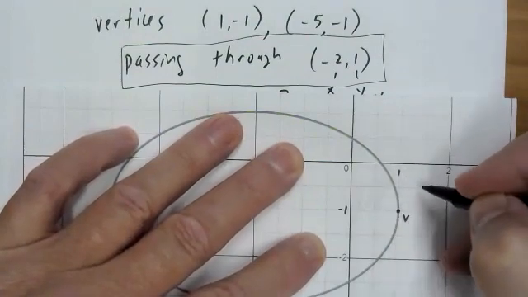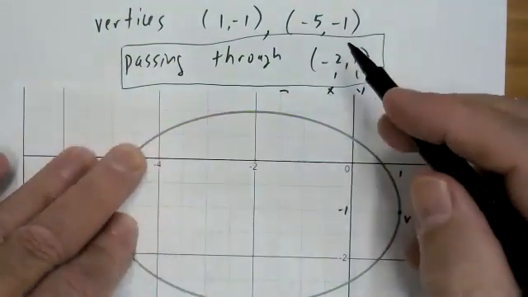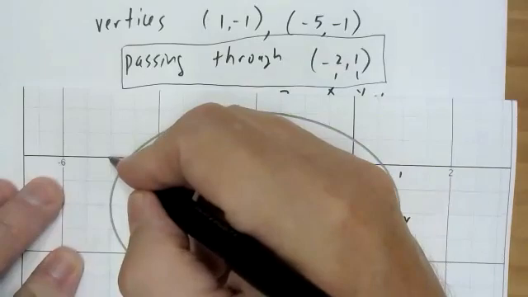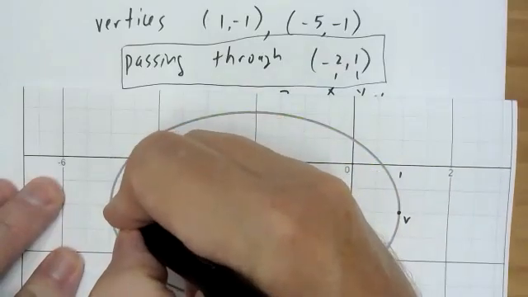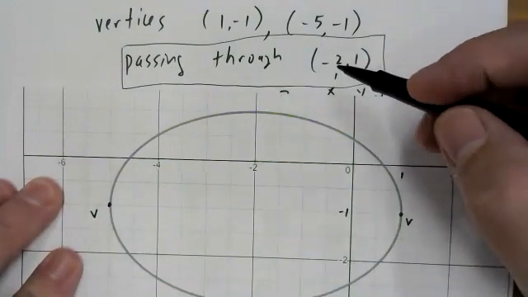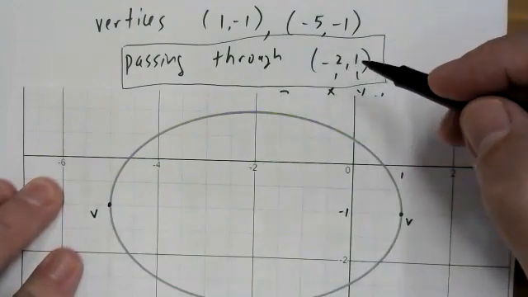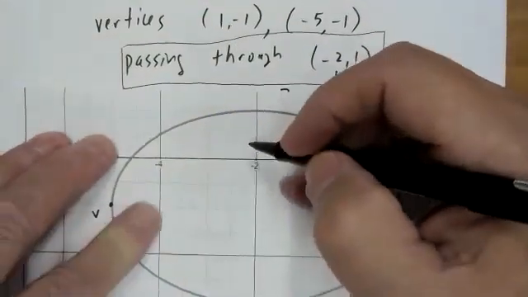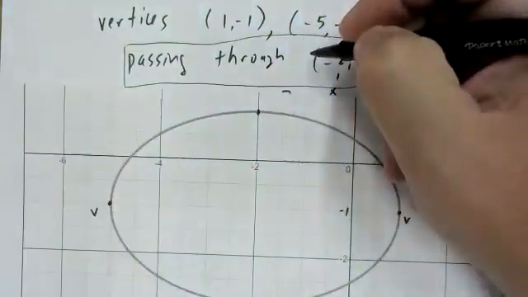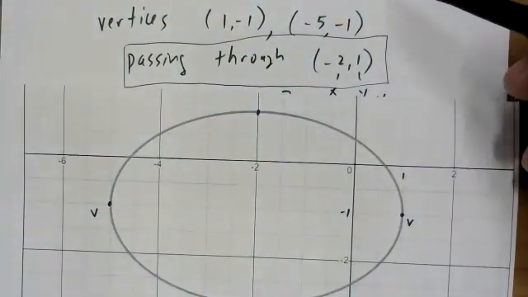We're saying that's a vertex, which looks correct. And then (-5, -1). -5 is here, and -1. We're saying that's the other vertex. And then we're saying the ellipse goes through the point (-2, 1), which is right here. So yes, it looks like this is correct.